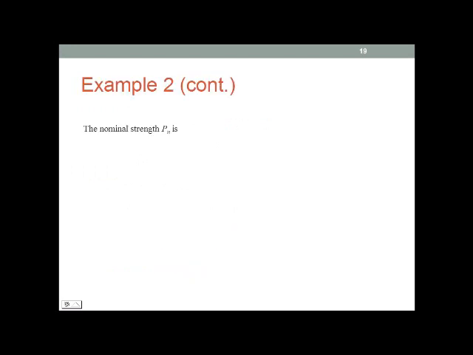Now we are ready to calculate the nominal strength Pn. Pn equals F critical times Ag. If you substitute the values, F critical equals 30.63 and Ag equals 23.9, you'll get a nominal strength Pn of 732.1 kips.